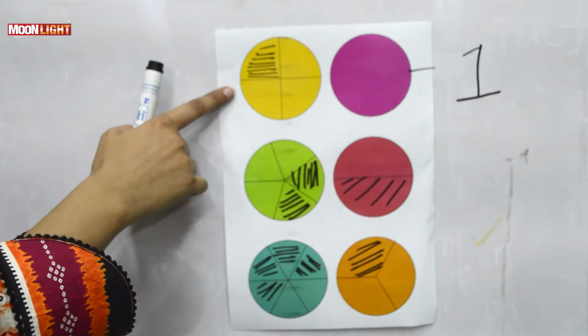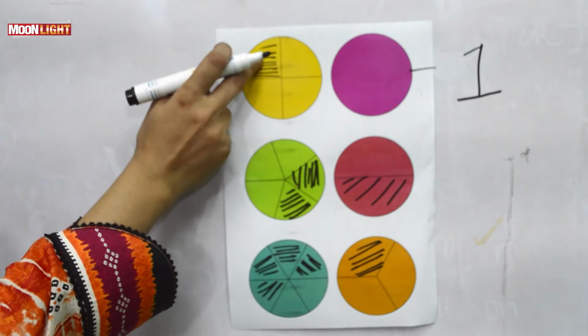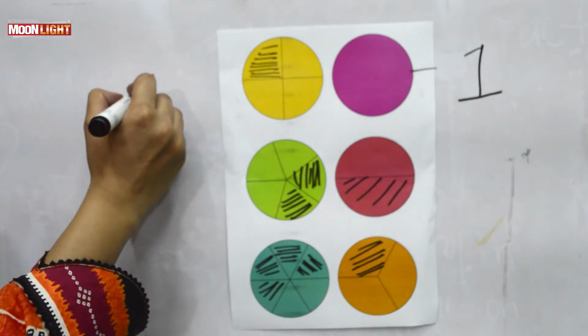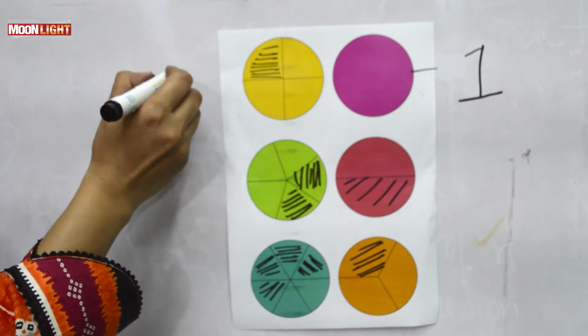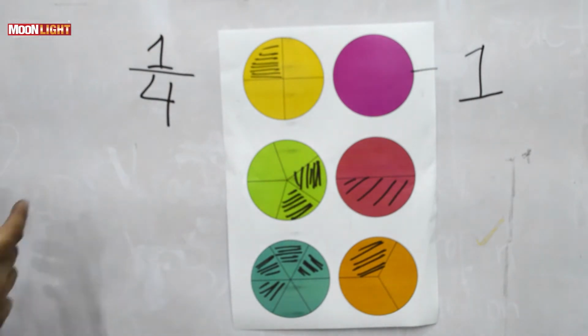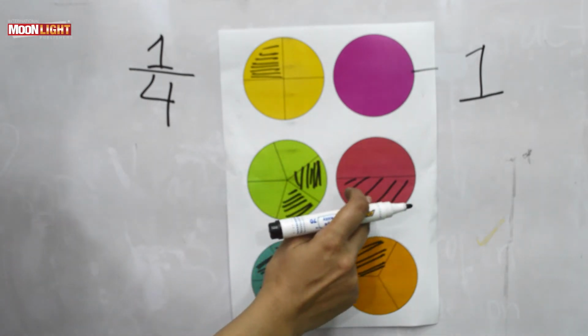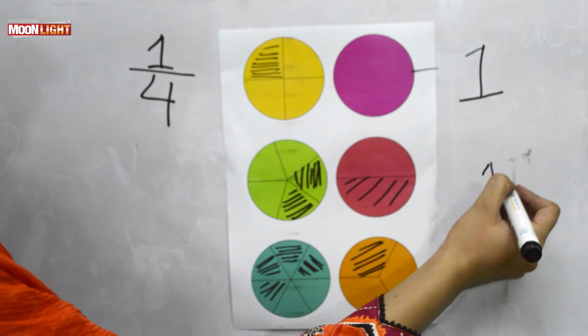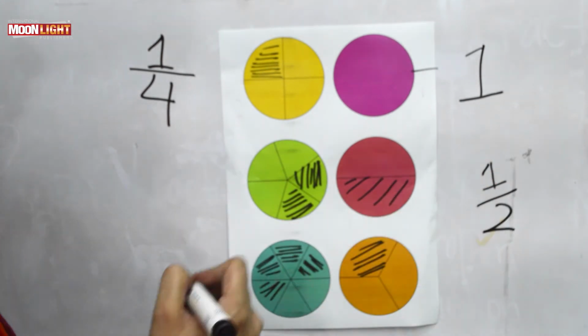The other figure you can see, here we are taking this part. The whole figure has 1, 2, 3 and 4 parts. The part we are taking is right above, and its fraction will be 1/4. The next figure is split into two parts, so we can write its fraction as 1/2.